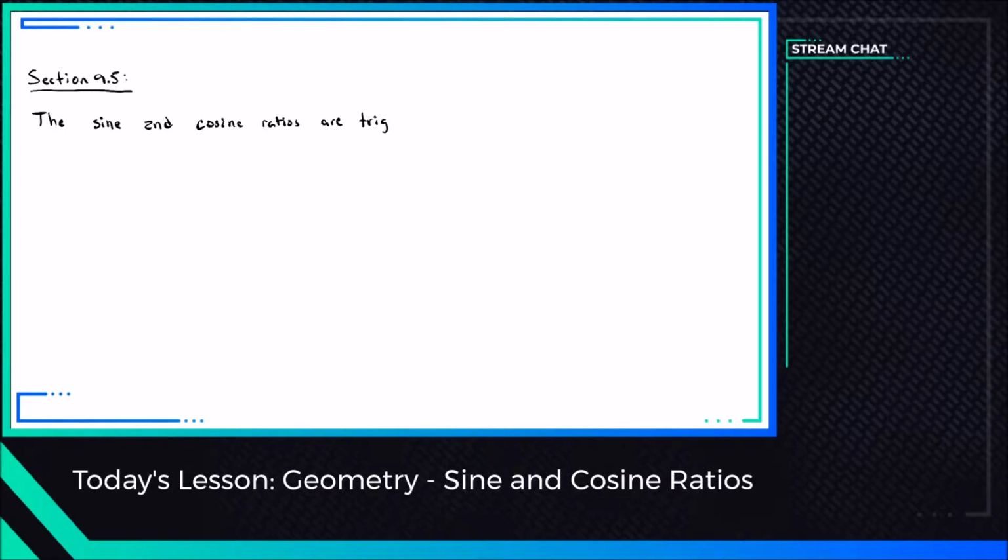I'm just going to abbreviate that, trig ratios, for acute angles that involve the length of a leg and the hypotenuse of a right triangle.